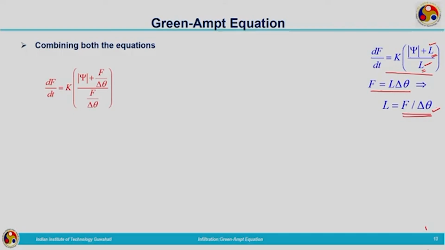The equation takes the form: dF by dt is equal to K multiplied by psi plus F by delta theta divided by F by delta theta. In the denominator we are having delta theta. With some rearrangements, dF by dt is equal to K psi delta theta plus F divided by F.